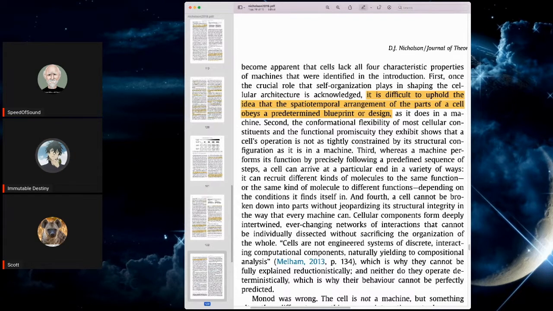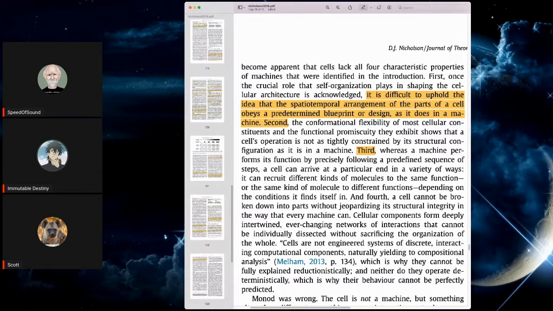Second, the conformational flexibility of most cellular constituents and the functional promiscuity that they exhibit shows that a cell's operation is not as tightly constrained by its structural configuration as it is in a machine. Third, whereas a machine performs its function by precisely following a predefined sequence of steps, a cell can arrive at a particular end in a variety of ways.